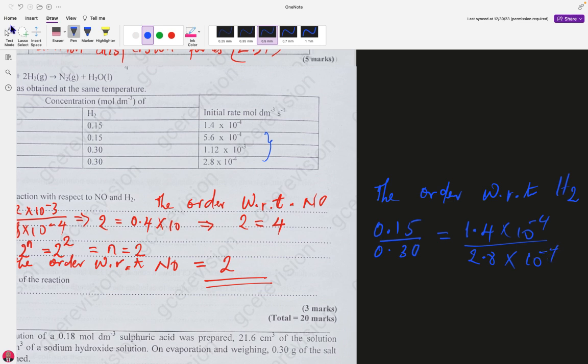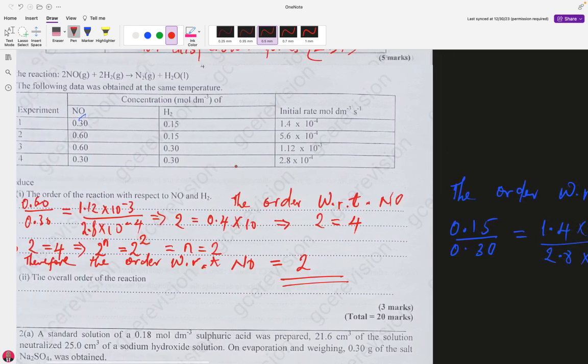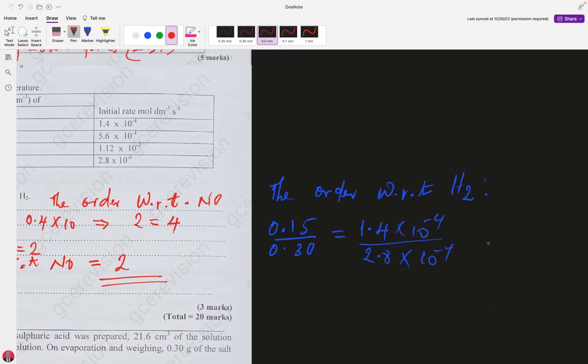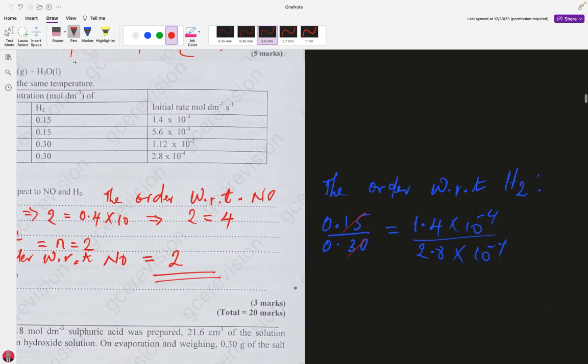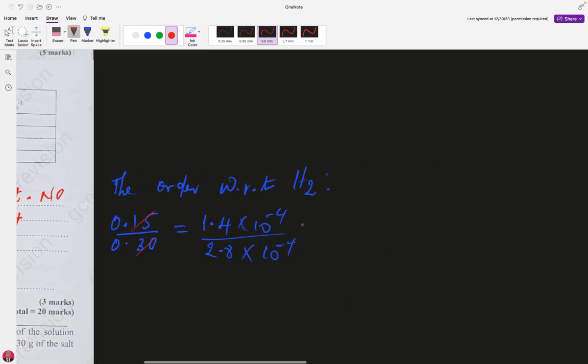Which experiments are we using? We are using 1 and 4. So if we strike this off, this and that, we are going to have everything just divided.